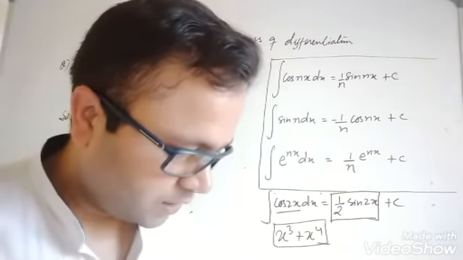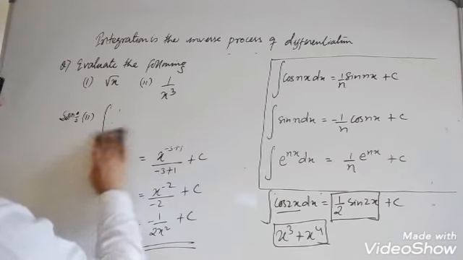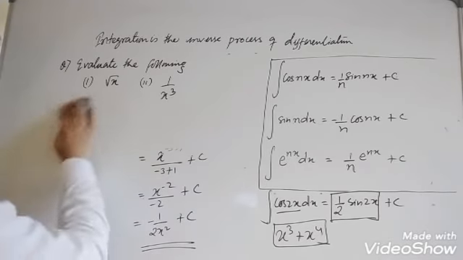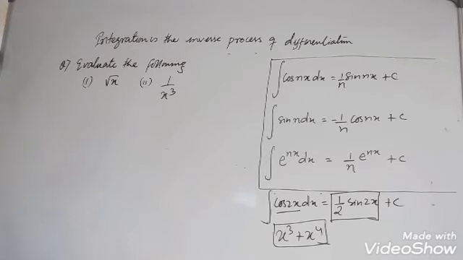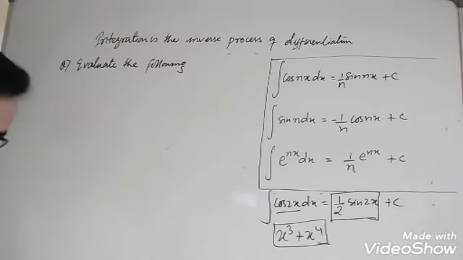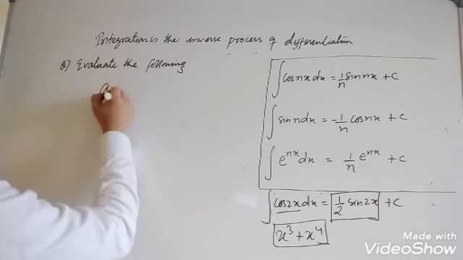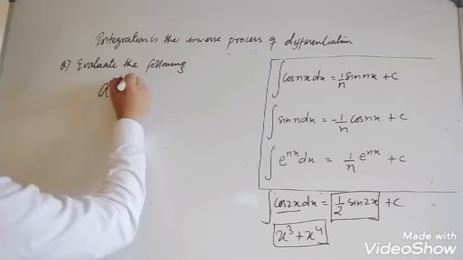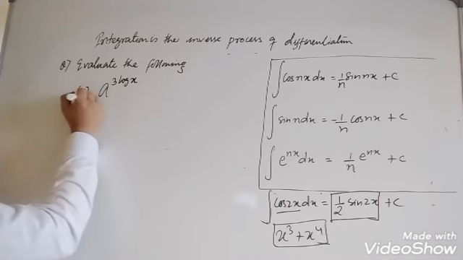Suppose we have a to the power 3 log x. This is example number 3.